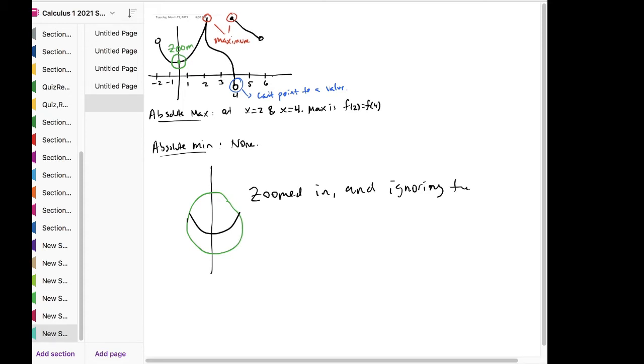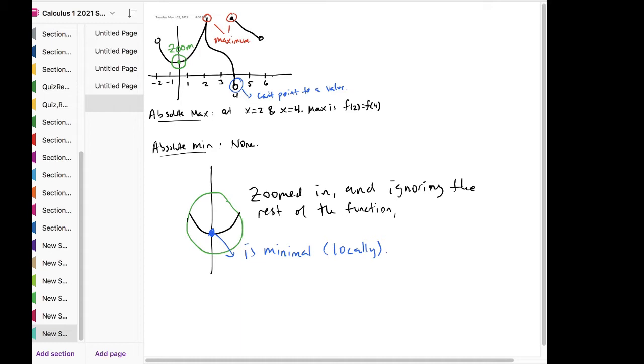Right, this is what we're going to call local. Ignoring the rest of the function, this value here is minimal. So locally. The word locally just means how it sounds, right?